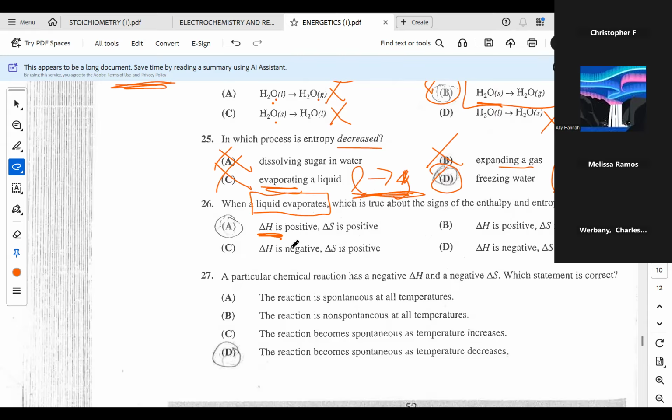So we would say that we have to put energy in, heat in. So we have a positive delta H, a positive increase in enthalpy, or change in enthalpy. And then our chaos, our disorder, when we go from liquid to gas, would also be positive. We're increasing. And remember that delta symbol means a change. So the change is going to be a positive change. That means it's an increase.